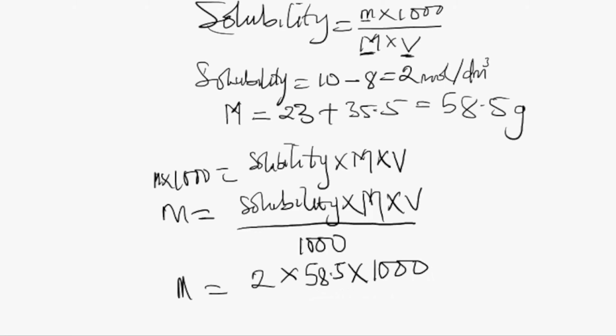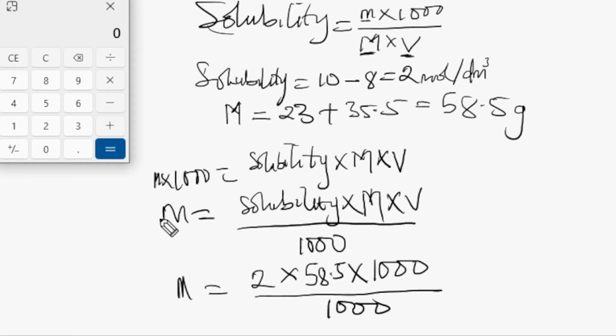Remember from the question, the volume given to us is 1 dm cube, so this will be 1000 cm cube, and this will be over 1000 here. So guys, let's go ahead and bring up our calculator to complete this.